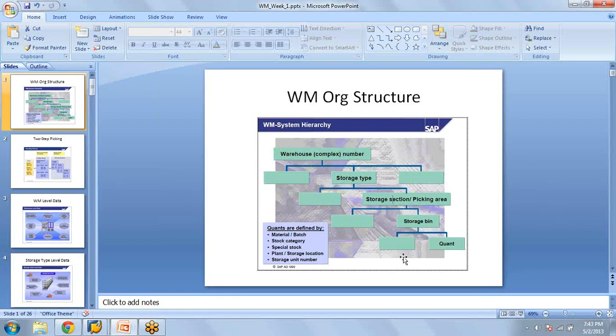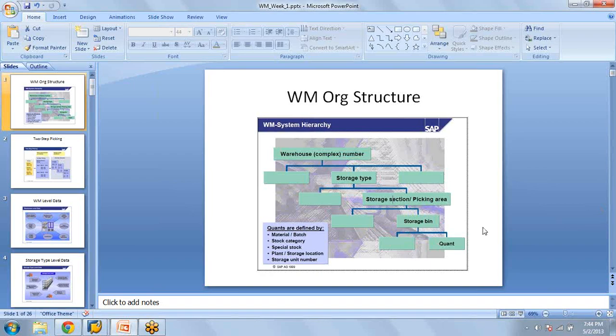When you activate storage unit management, at the storage unit level the master data is updated. Stock is managed at the storage unit level if SU management is active. Otherwise, the quant is managed at storage bin level.